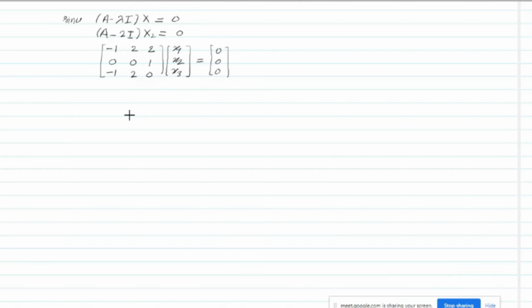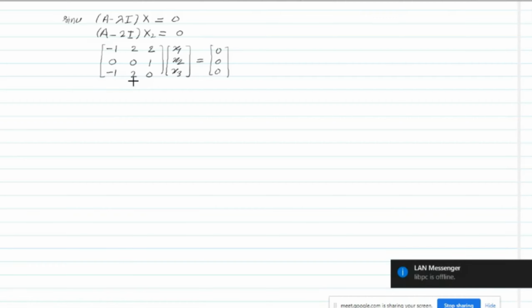Okay, the same procedure we have to follow. So we just interchange R2 and R3. This is the notation for interchanging. Just write down your matrix.